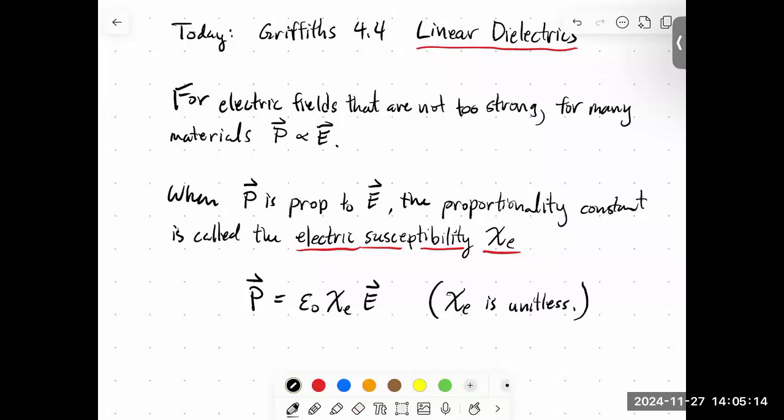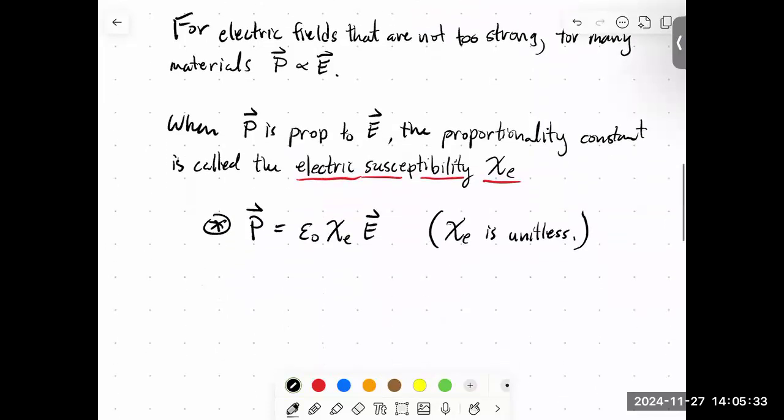I'm going to call this equation star because we will refer to it a few times. The susceptibility is just a material property. You could look up tables for different materials and read off its value. So chi E is a material property, and it could also be temperature dependent. How hot or cold is your slab of Teflon?